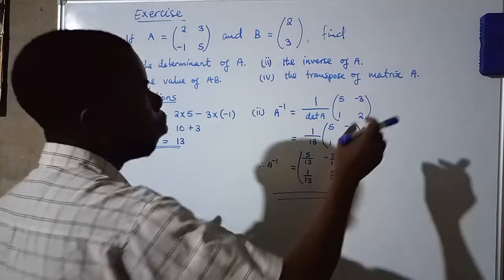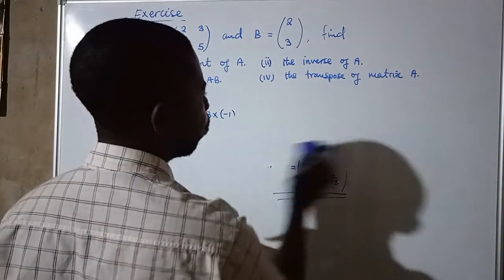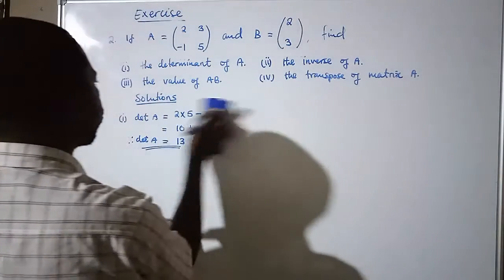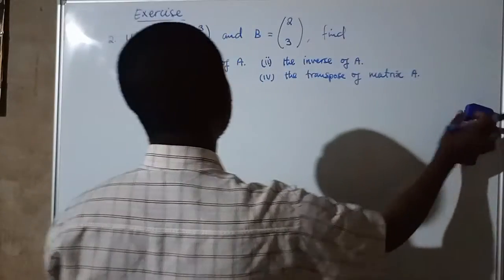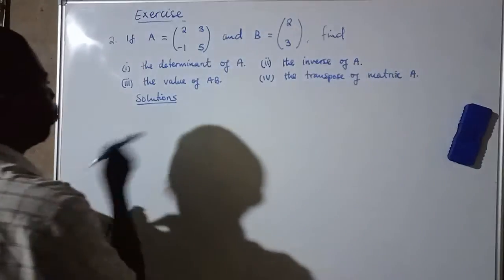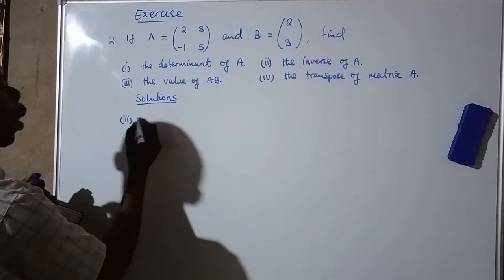So I'm going to rub so that I remain with space here. Okay. So part 3, we are finding AB.